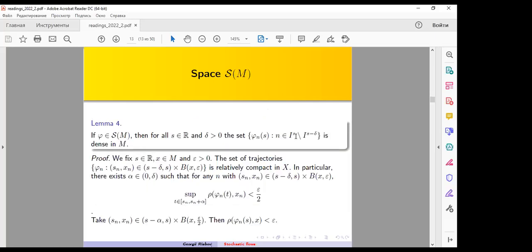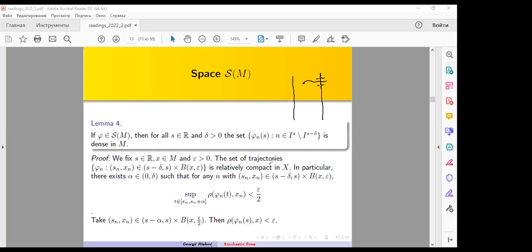The next result shows that for any skeleton, at every moment of time, values of functions from the skeleton are dense. Actually, it shows that if we fix s and s minus delta, then in any neighborhood there will be a trajectory from the skeleton that at time s passed through this neighborhood and started between s minus delta and s.